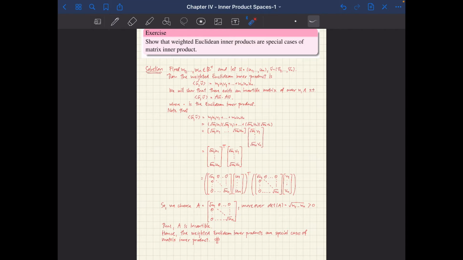I think we can do this one as an exercise, so please do it by yourself. It's not hard. And if you need to compare your solution and my solution, please pause it.